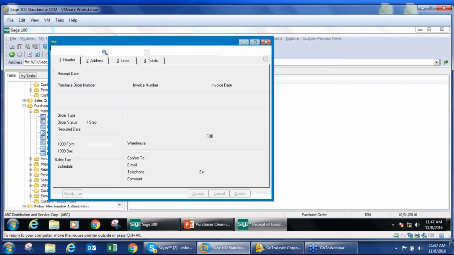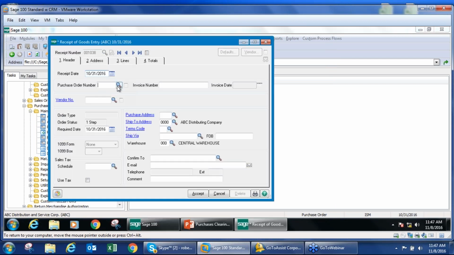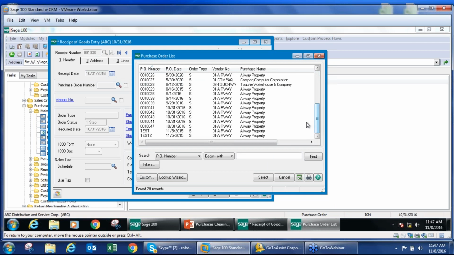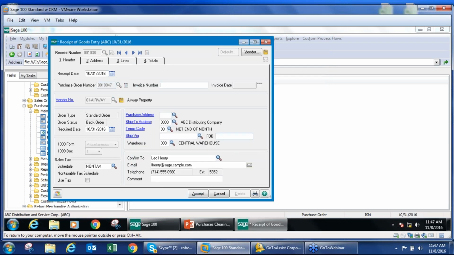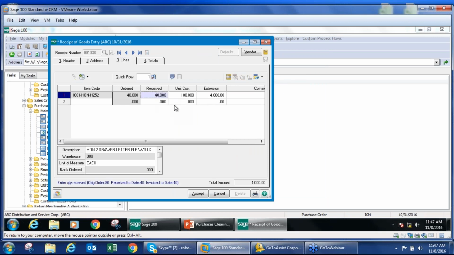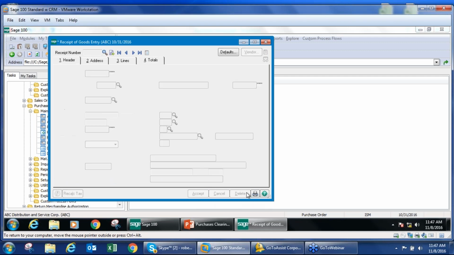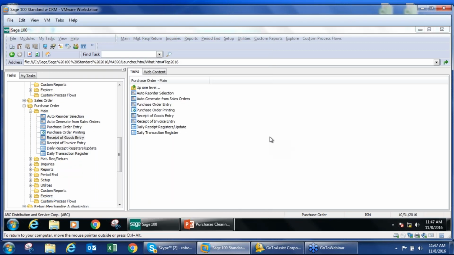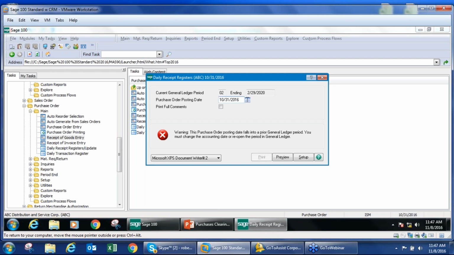We have another receipt of goods, identical to what we just did. Now in this case, the balance remaining is 40, so I'm not going to change it. For all I know, the unit cost is still 100. We're going to print and post it through. Okay, so you know what?